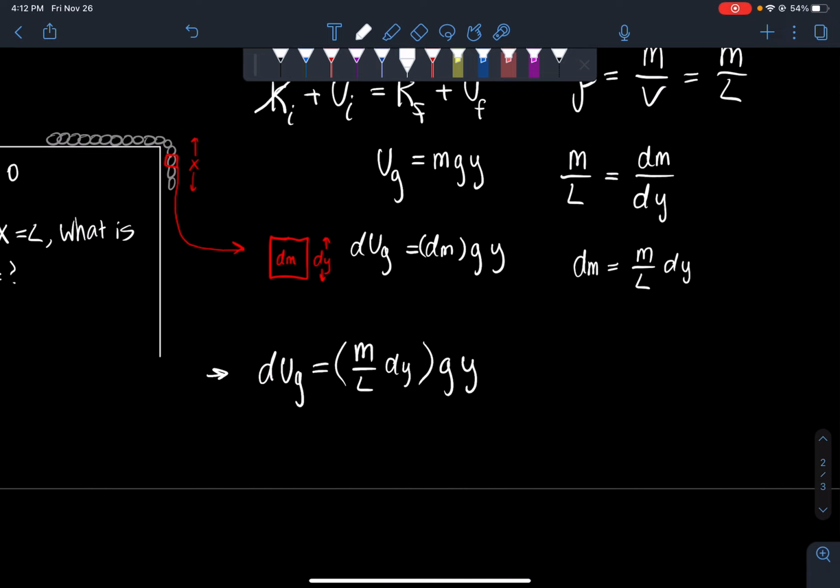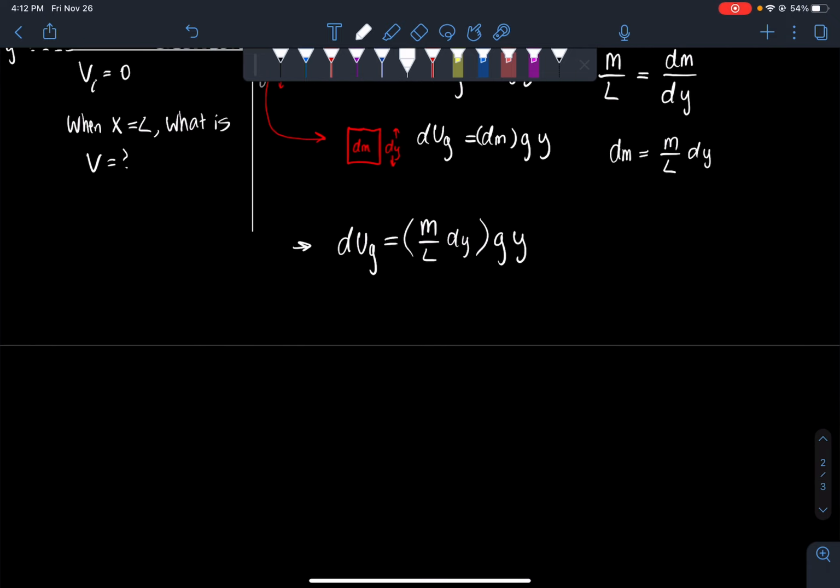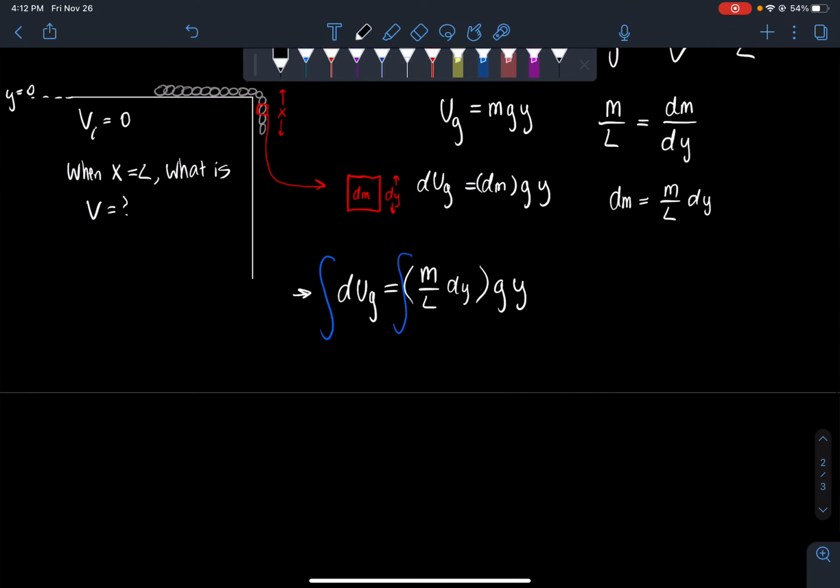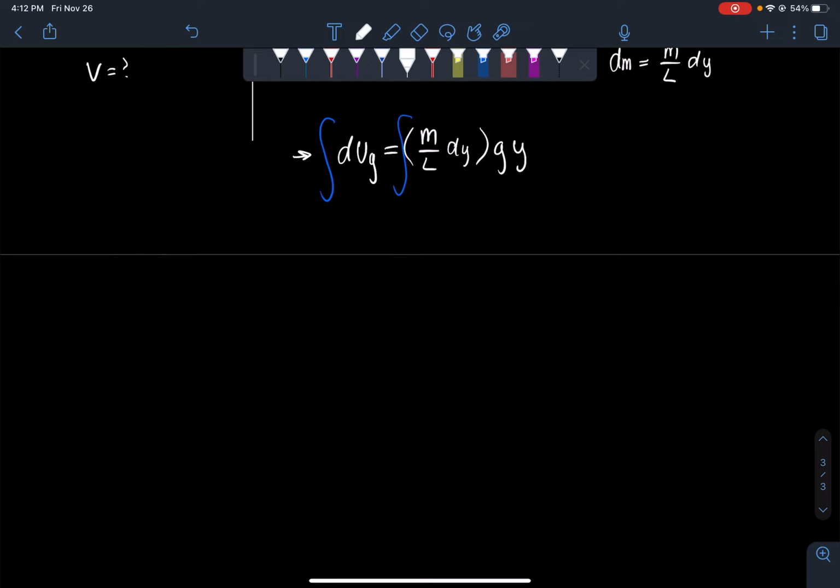Okay, so now we can say, to get the total gravitational potential energy, we're just going to integrate both sides. You do that in blue. So integrate this side, integrate this side, and I'm just going to rewrite it a little better down here.